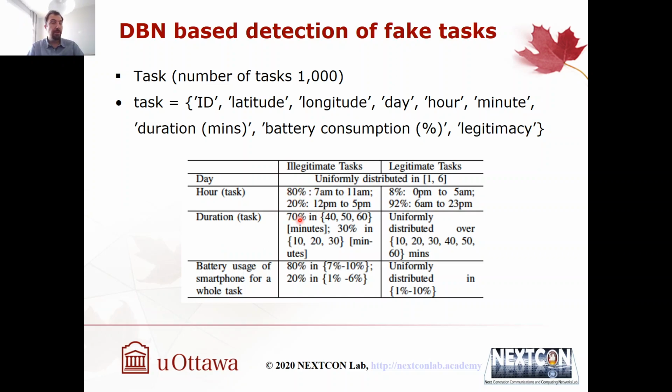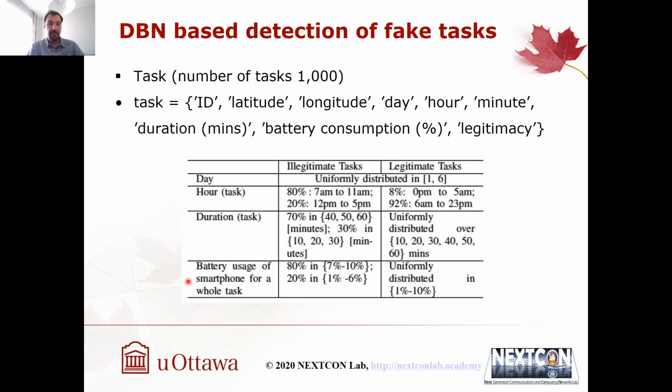But of course, the rest are submitted during some mid-peak hours. For legitimate tasks, well, we have majority of them uniformly distributed throughout the day, and there's also a minority of legitimate tasks that are submitted during the off-peak hours, so from midnight to 5 a.m.